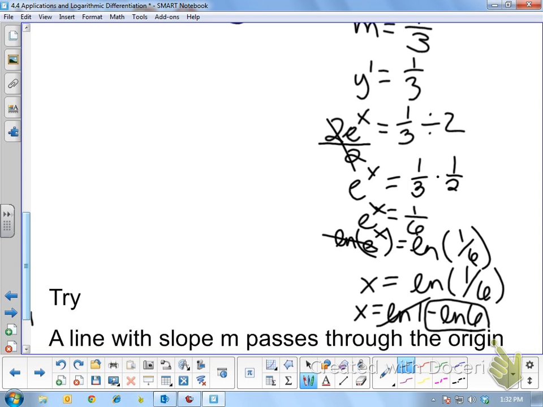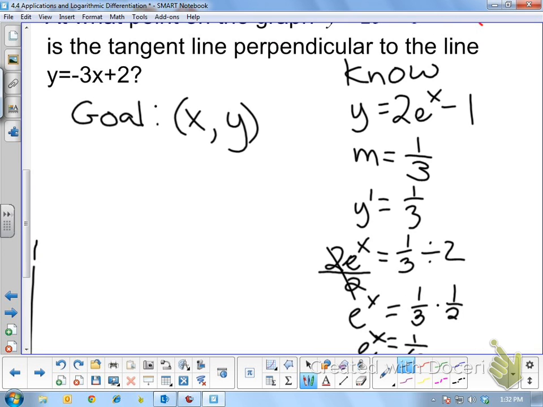If we calculated it out, it'd be some weird decimal, but it's still just a number. So we have x equals negative natural log of 6. So we're close to achieving our goal. What are we missing? Need to plug it in and find y.